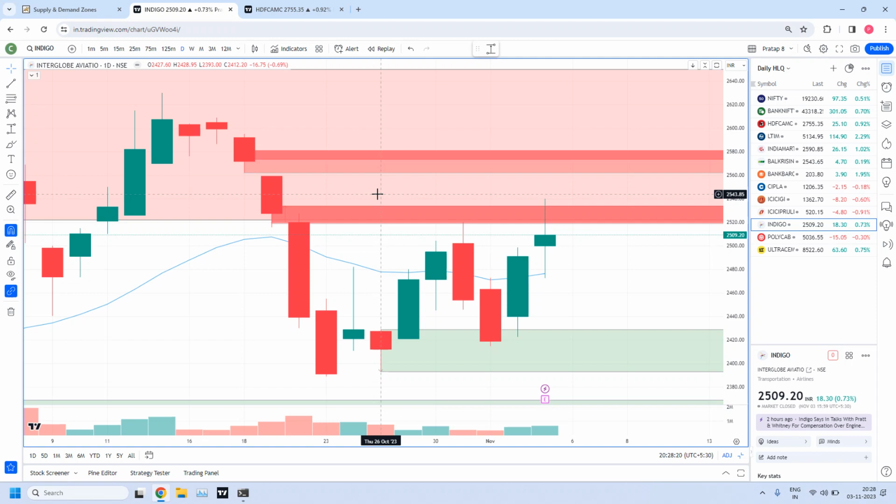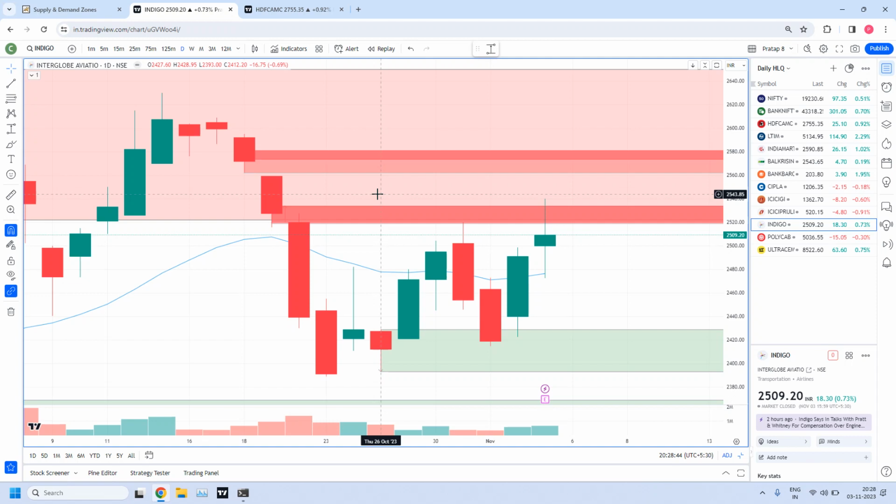So we are looking for a fresh zone only, not in the daily time frame, but in the 75 minutes time frame. That's why I framed a rule. What is the rule? A high liquidity zone should be used as a HTF zone, higher time frame zone, not our LTF zone, your lower time frame or entry time frame, whatever you call.